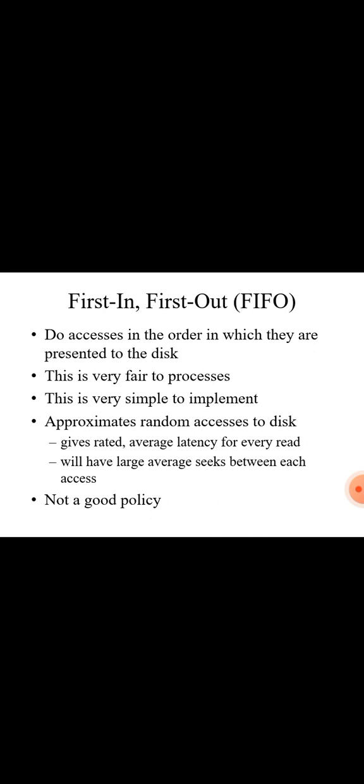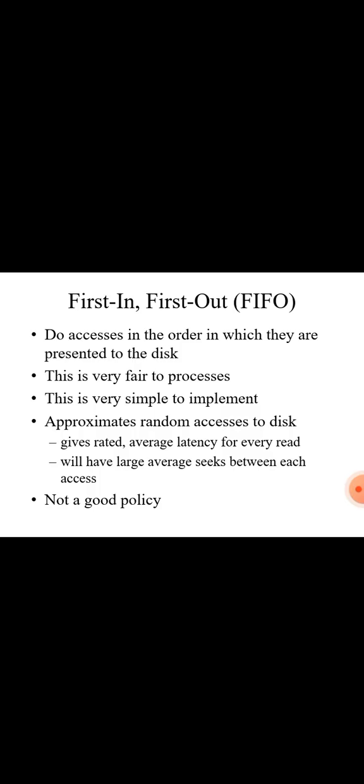Here the first type of disk scheduling is FIFO, first in first out. For example, first in first out is like a ticket counter. Disk accesses are served in the order in which they are presented to the disk. This is very fair to processes and very simple to implement.